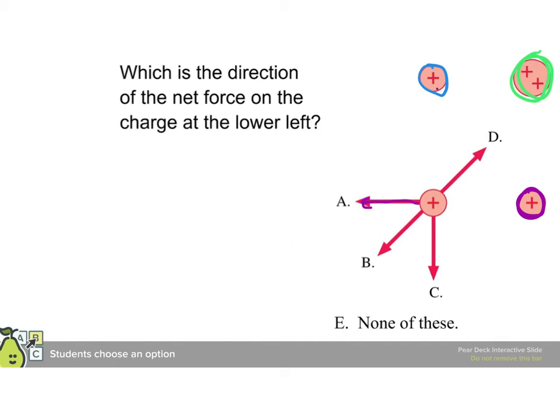And this blue charge repels the one this way. When we add them up, that means that together they have a repulsion which is along direction B. But when we go back here and we say, what about the green one? Well, the green one is also pushing in direction B. So the overall would have to be direction B. Because all of them push in that direction, and the off-axis components cancel out for the other two.